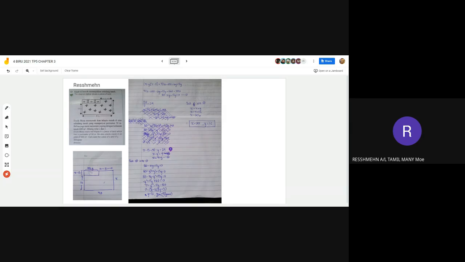So when negative 15 plus 40 minus 29, it will be 4. I brought this negative 15 and plus 40 to the right side. So the balance will be x minus y equals to 4. Then I made x the subject, so it will be x equals to 4 plus y. So this will be my second equation.